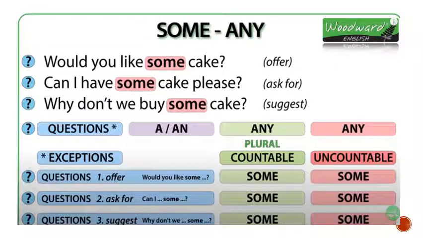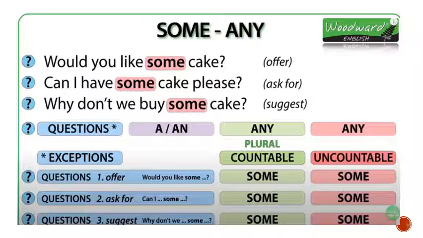Here are some exceptions with the use of some. As we mentioned above, we use some in affirmative sentences, but there are some exceptions when we can use some in questions. We use some in questions when we offer something. For example, would you like some cake?